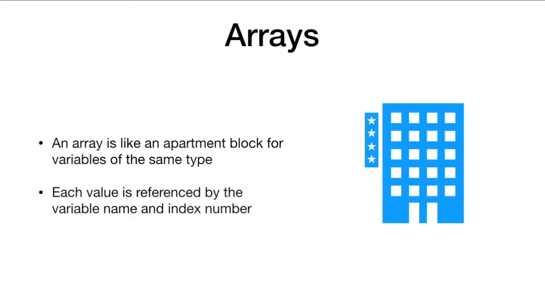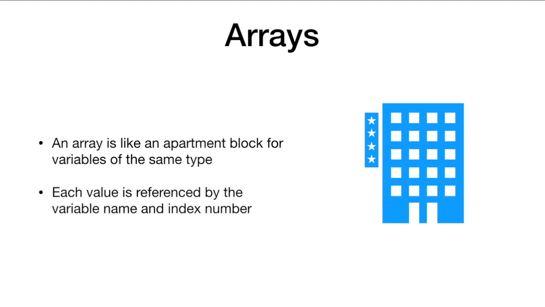Now we need to cast our minds back a bit to when we were talking about variables, because at that time we did not look at arrays. An array is like an apartment block for variables of the same type. Each value can be referenced by the variable name and an index number.